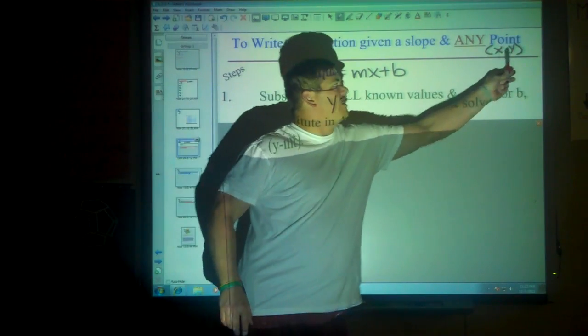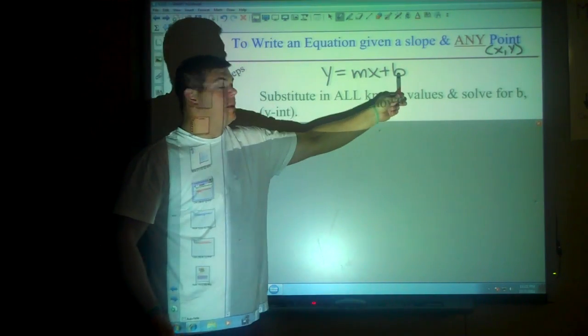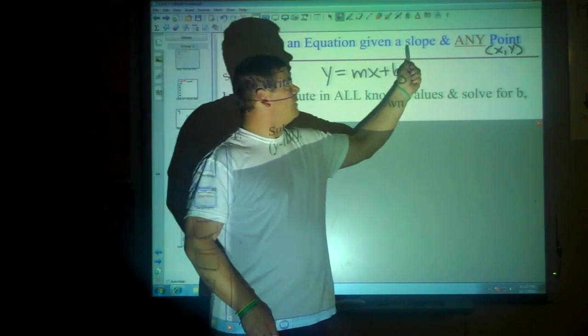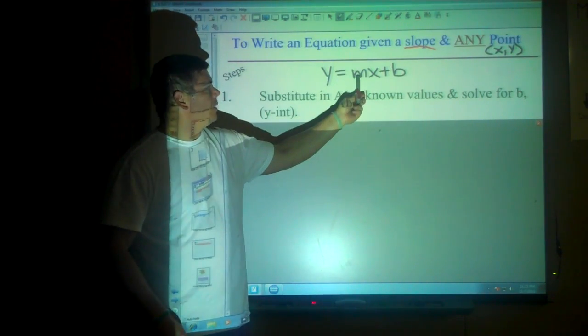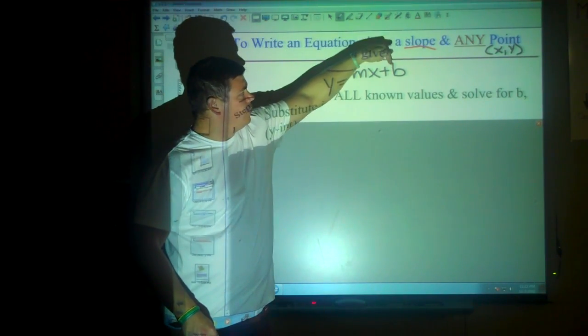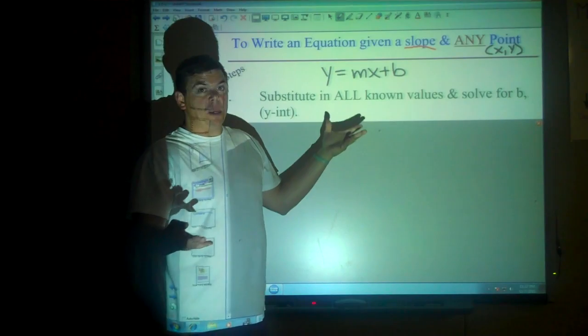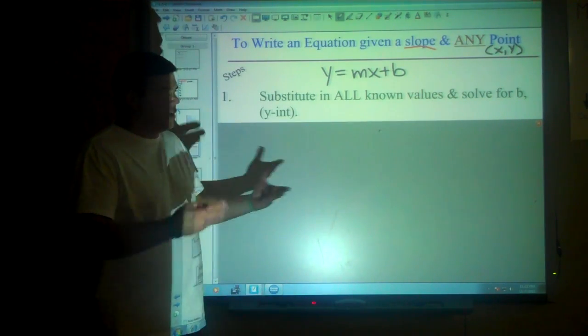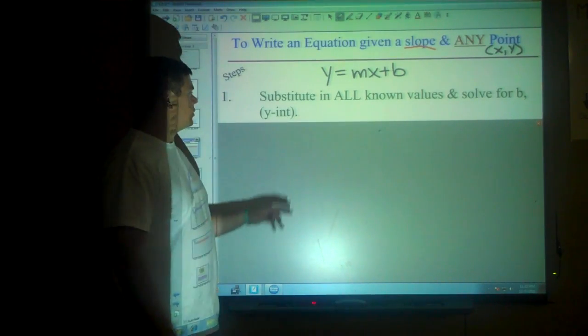We should be able to put that y value right here. Don't put it in for b because it didn't say it's a y-intercept, it's just any point. And if we're given the slope, that's going to go in here, which means we've got a value for y, m, and x, and the only one we don't know is b. Substitute in all the known values and solve for b. Figure out what b is going to be equal to.